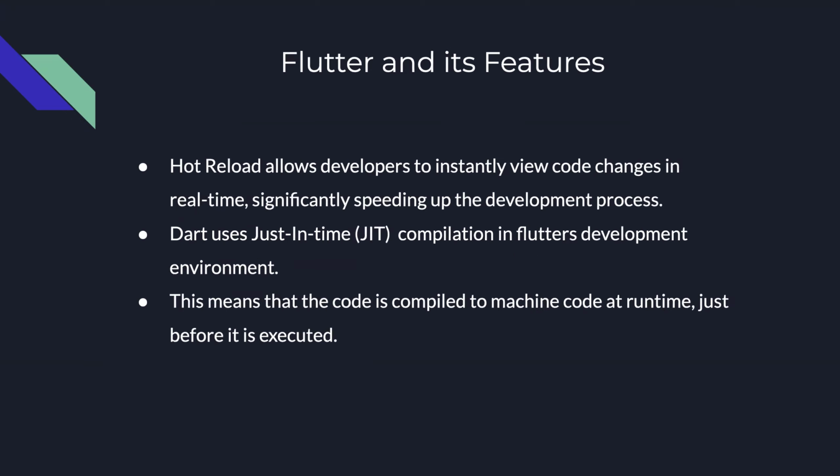So as for my favorite feature, that would be something called hot reload. This allows developers to instantly view code changes in real time, significantly speeding up the development process. Not only does it speed it up, but in my experience, it broadens the view that I have of what I'm creating.